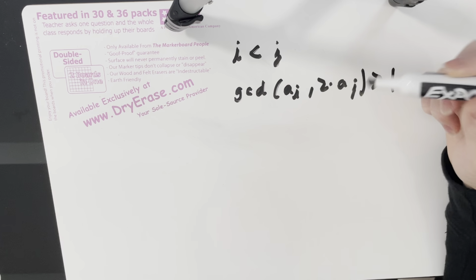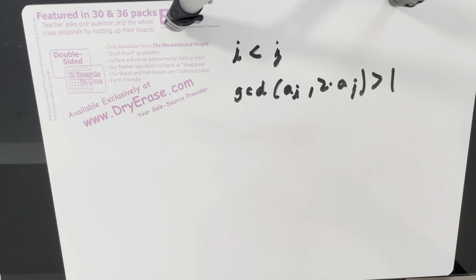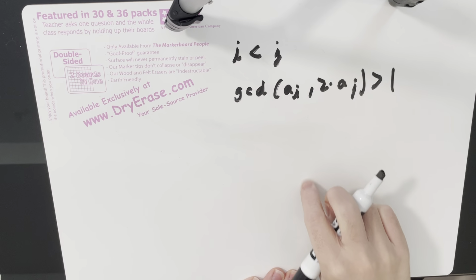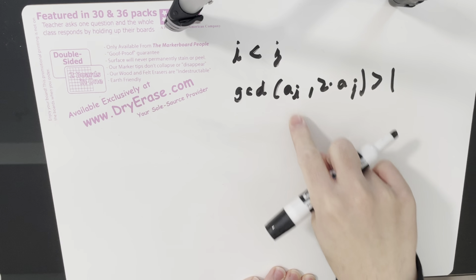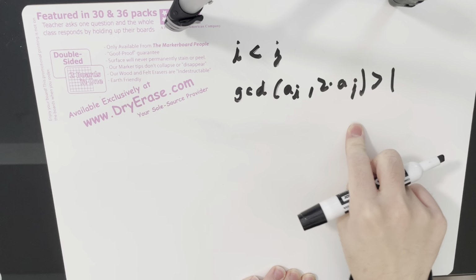So we know that the only time we can increase the number of pairs is if there's ever a case in which one of these numbers is odd and one of these numbers is even.